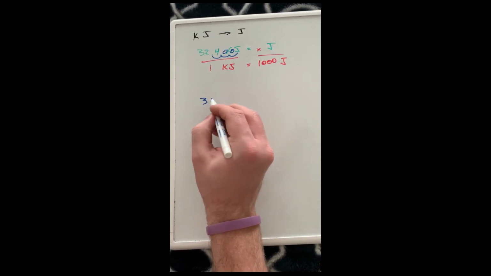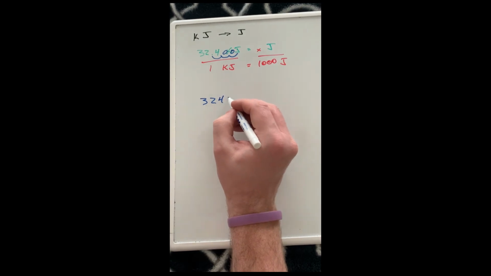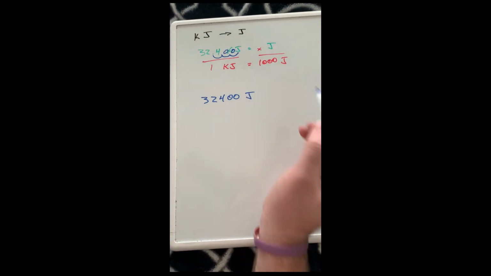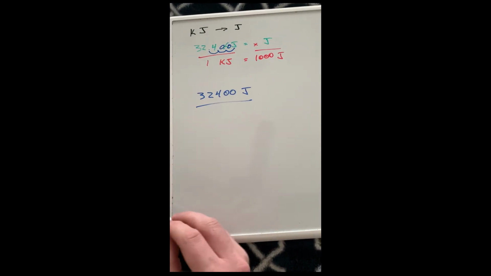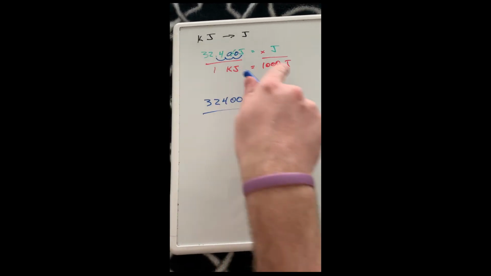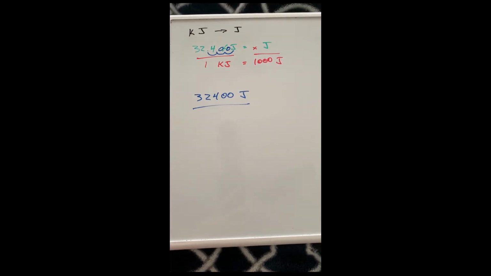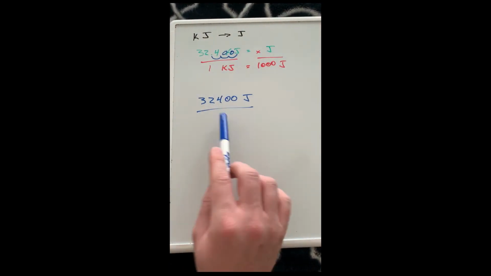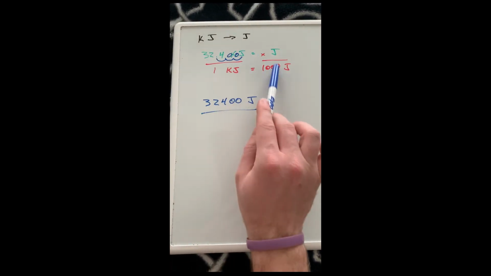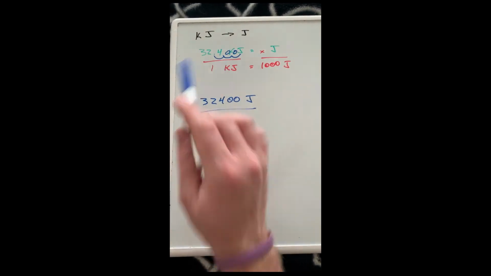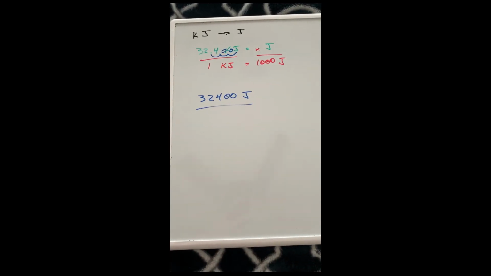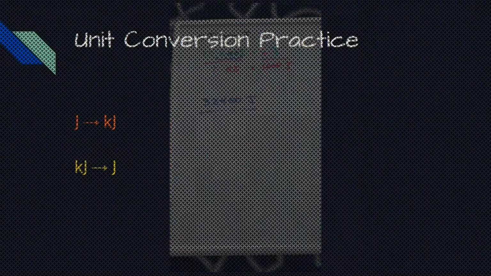So I'm going to have 32,400 joules as my answer. Now, if I had done the cross multiplication and divide with my proportion, I would get the same answer. If you want to, you can go ahead and check that, but you're going to get the same answer whether you do it the long way with the proportions or the shortcut just by moving the decimal point.